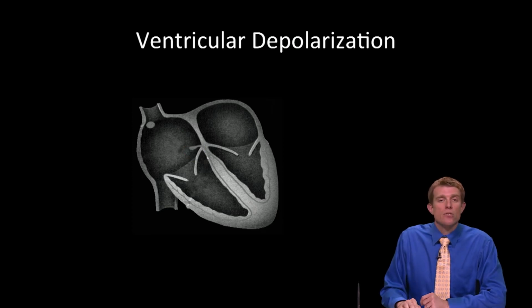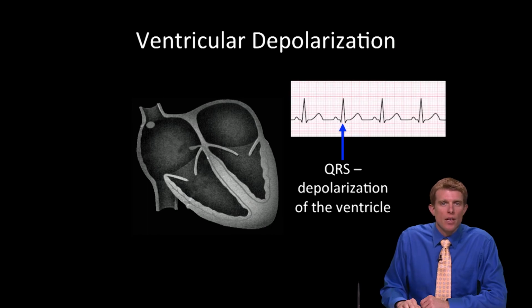The ventricular depolarization starts at our AV node and then travels down our superhighways, or our right and left bundle branches, rapidly depolarizing the ventricle. And this appears as a QRS on our ECG or rhythm strip.